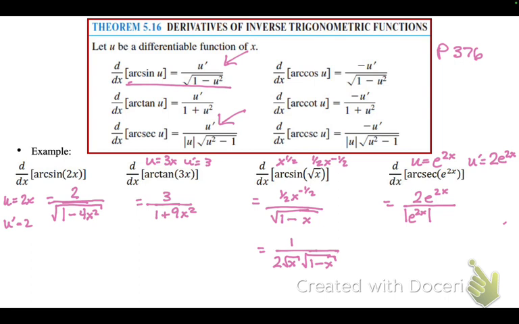No. The square root of e to the 2x squared would be e to the 4x, squared minus 1.